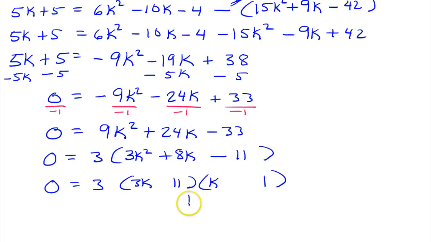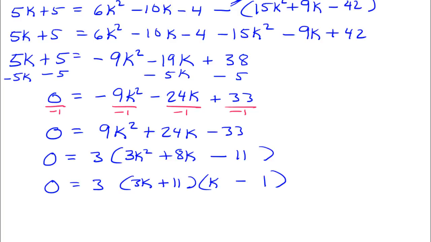Inner, I have 11k. Outer, I have 3k. To make positive 8, I need a positive 11 and a negative 3. So that's positive here, negative here. Positive times negative is a negative for the negative 11. So this is working out great.